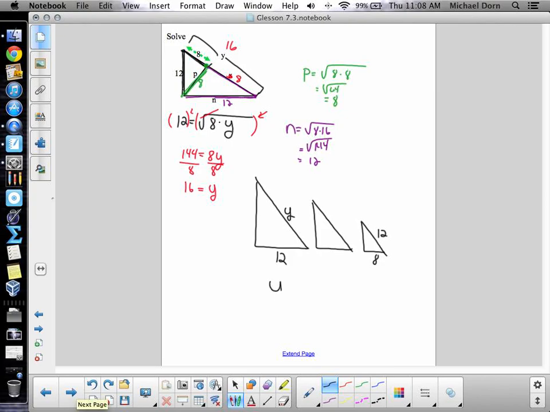Y over 12 is 12 over 8. When I cross multiply, what do I get? I get 144 equals 8y. What's the equation I got up here? Exactly the same. Just a different way of looking at it, a different way of setting it up. That's all there is to it.